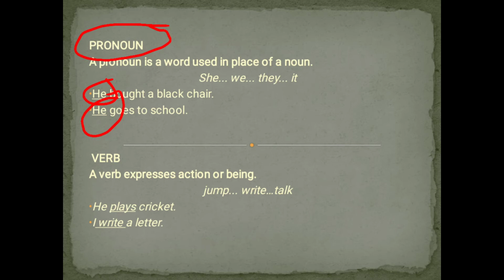If I say he plays cricket, the word plays is a verb because it shows an action. That's why it is called a verb. I write a letter. Write is a verb.